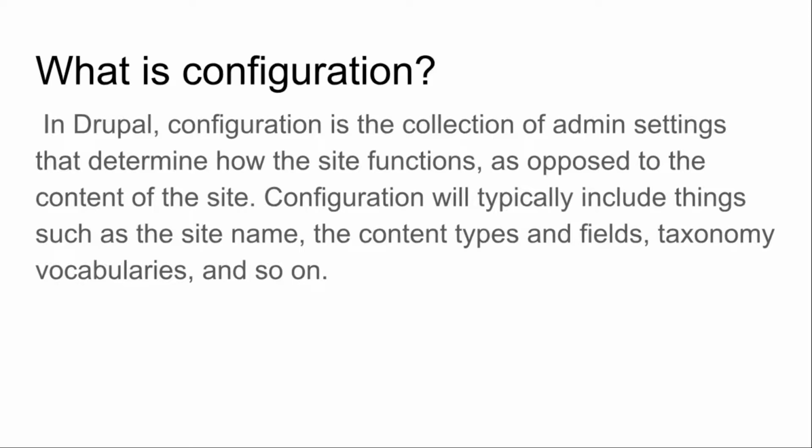And the big difference between the two is how they are stored. Content is stored in tables for content, in node tables, in node revision tables. Content works with views. Content's meant to be displayed on the website for people to read. The configuration is stored in the database in a special table where all of the configuration goes into a single configuration table.